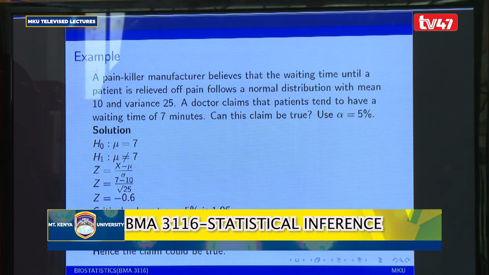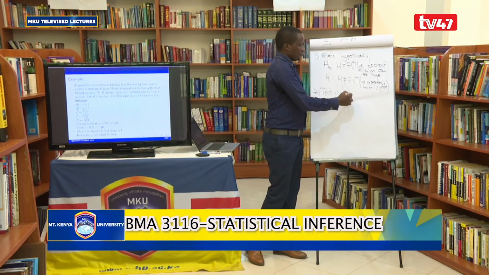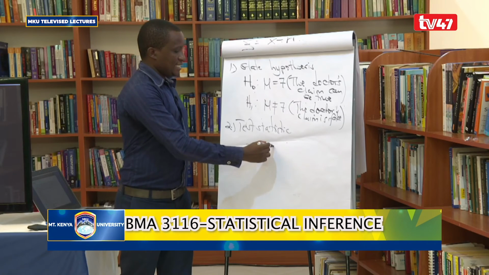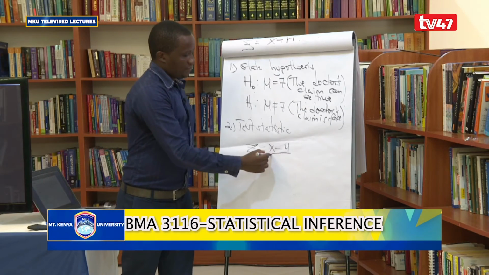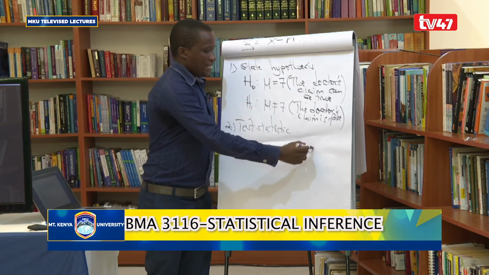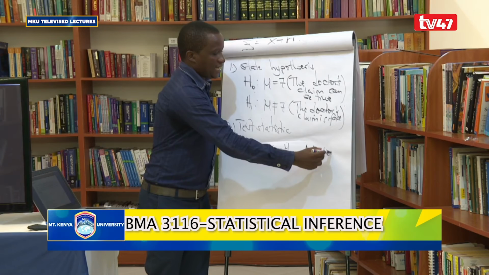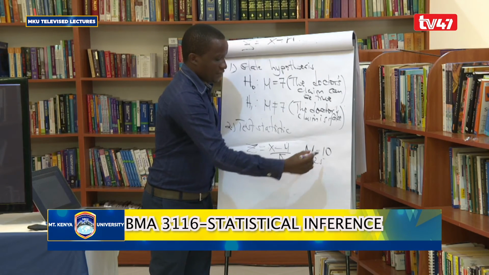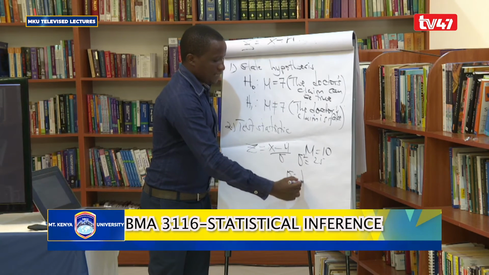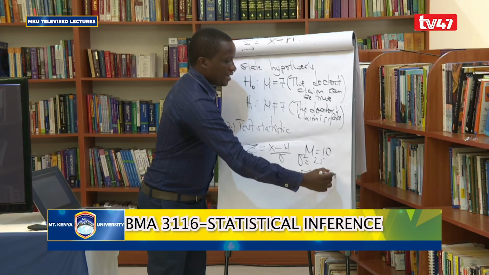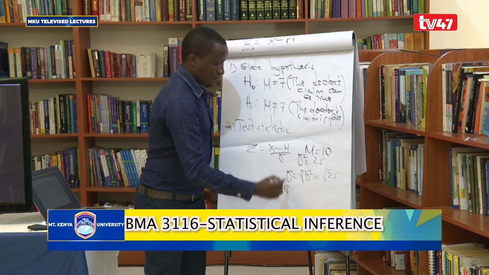So the test statistic, we will use the z-score, where z is x minus mu divided by sigma. In this case, our mean has been given as 10 and sigma squared, the variance, is 25, such that sigma is the square root of variance, which is the square root of 25, which is 5.